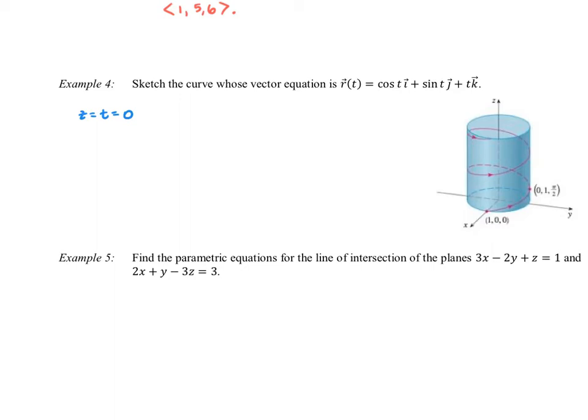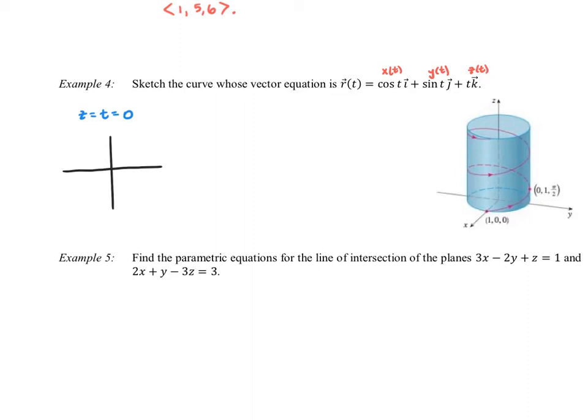So what we have here is x equal to cosine t, y equal to sine of t. And again, I'm looking at my components of the vector function. So this is x of t, y of t, and z of t.